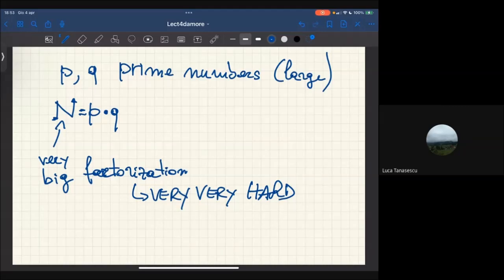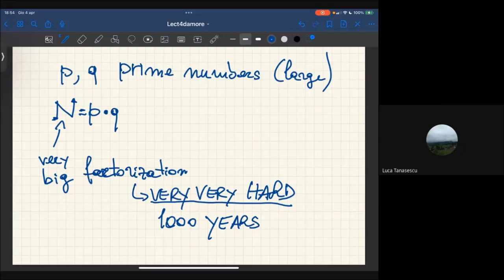Very, very hard means that the computer can work for like 1,000 of years. So it means that in practice, it is impossible. Nobody can use the result. Okay? This is the beginning of the approach.